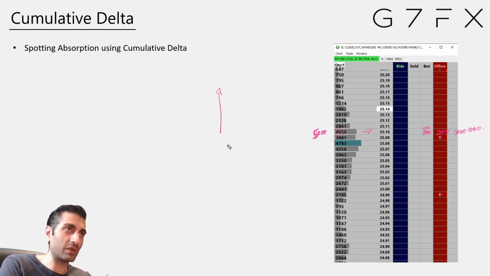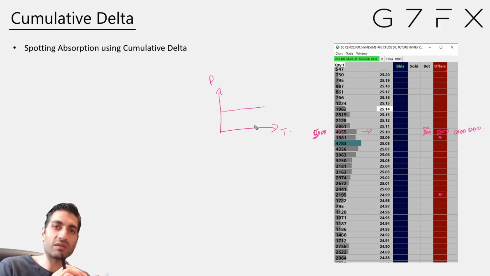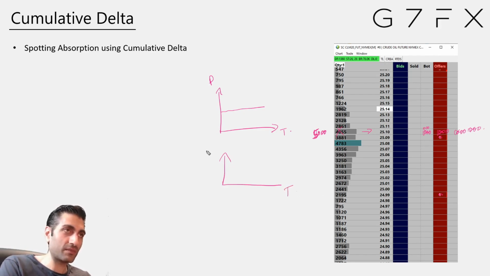We already talked about the delta, right? So what is the price doing? Time and price. It's flat, just stuck at 25.10. Time is passing, you saw this on the treasury market, and the price is just flat. It's not going anywhere. What's the delta doing when we're seeing absorption? Think about this. What is the cumulative delta doing?